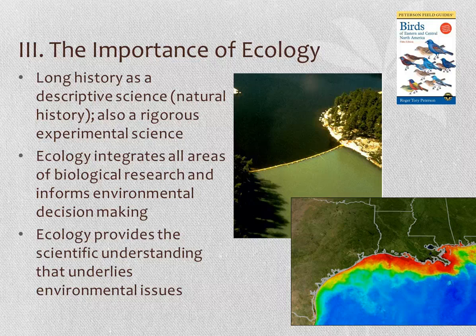There are several significant studies that have been done that are empirical in nature. They involve manipulations of factors to see how these factors influence distributions and abundances, and it is a very rigorous scientific discipline now, more so than early on when it was simply descriptive in nature.